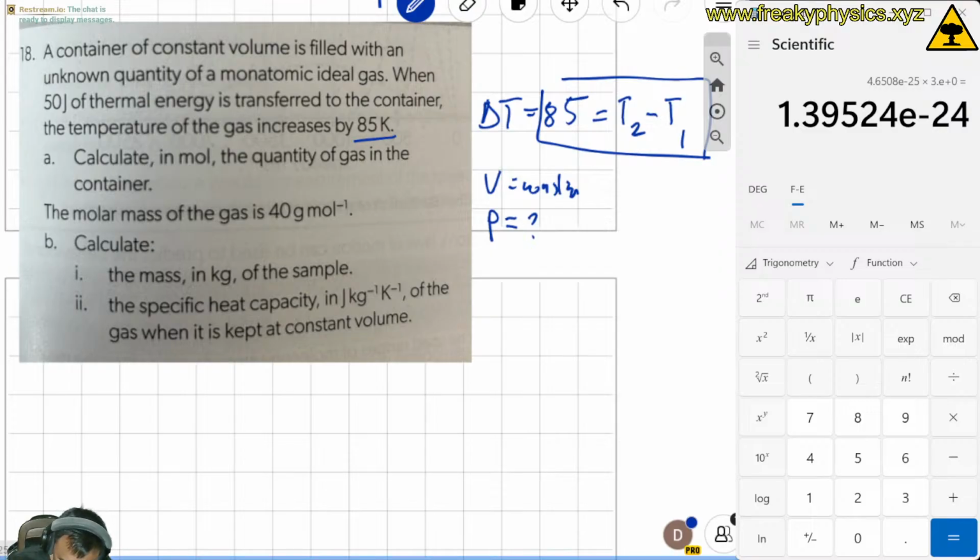What else? We don't know the mass. Unknown, right? But here's the thing. Actually, we don't need the mass, but we know we're looking for the number of moles, n.